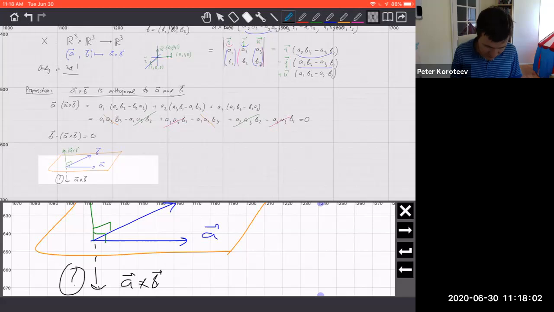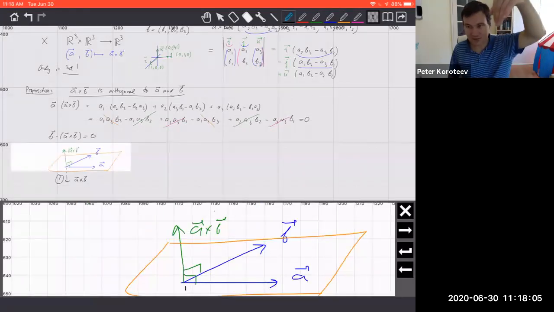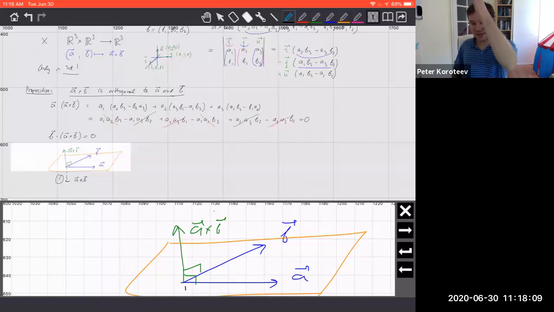Both vectors are orthogonal, and in 3 dimensions, each plane divides space into two parts. So the vector can either go this way or it can go that way. Let's try to figure this out.